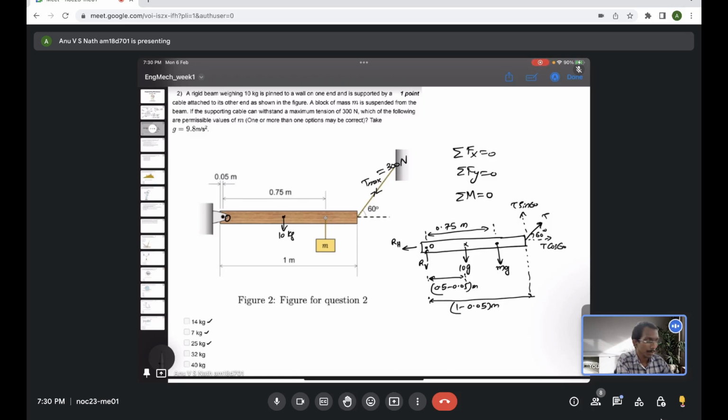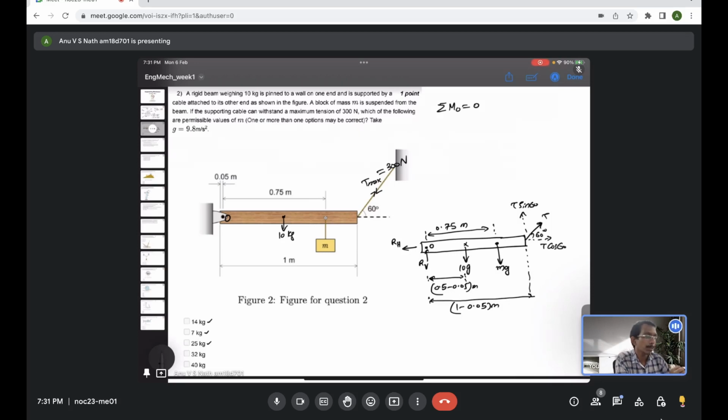Now if you take the moment about the hinge point O, the horizontal and vertical support reactions pass through the hinge point, so they are not causing any moment. This is the equilibrium equation: for equilibrium, the moment of the system about any point is equal to 0.